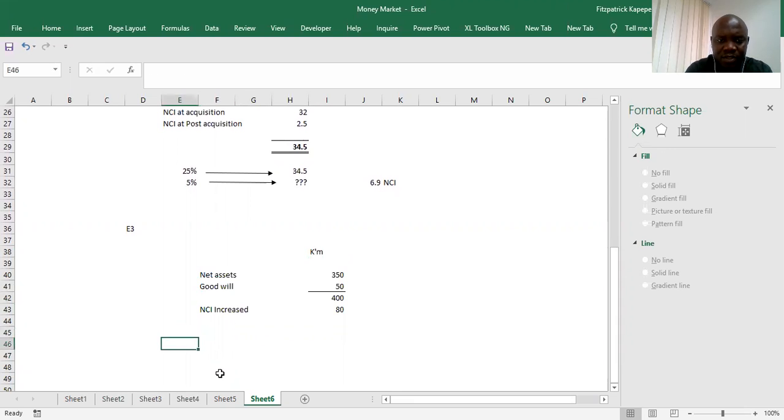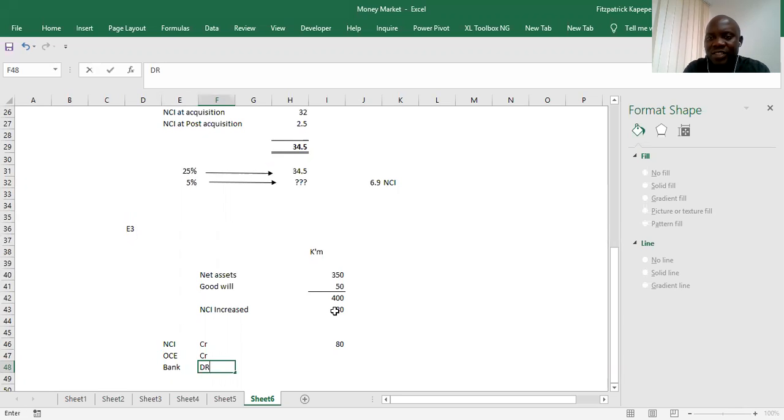So we have these journals: credit NCI, 80 million. Then we'll have other components of equity to be credited. We don't know how much that is, but we have bank, which is basically cash.